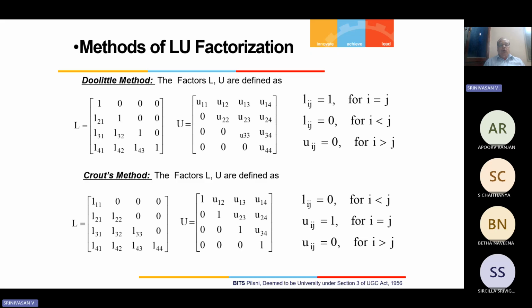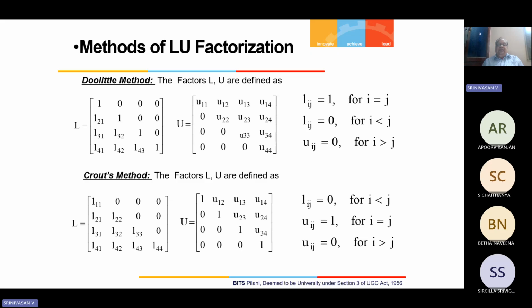Including the principal diagonal elements, it has L11, L22, L33, L44, and then L21, L31, L32, L41, L42, L43, and so on. But what is the specialty in Doolittle's method? L11, L22, L33, L44 are equal to 1 each. That is where Doolittle's method comes in.